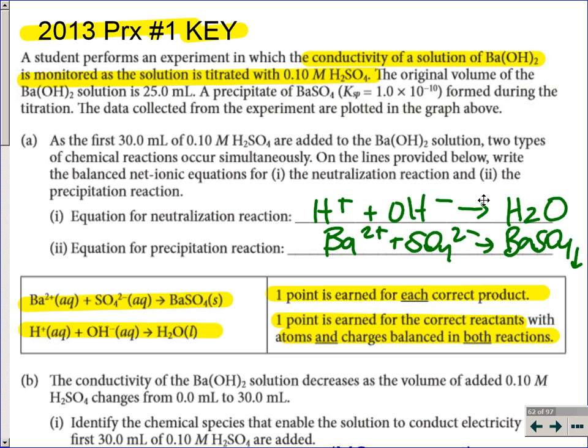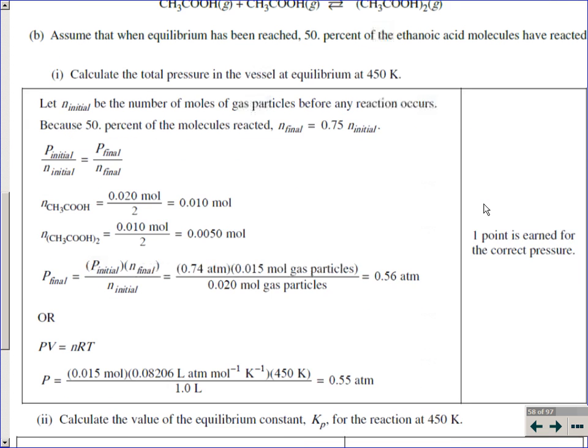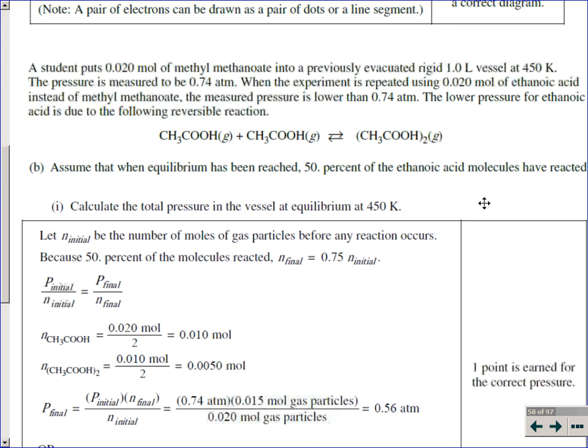Bring my answer keys up here. 3. Thank you. Bring me my answer key. 2. I'm missing 2 more. And 1. I think I got 3.